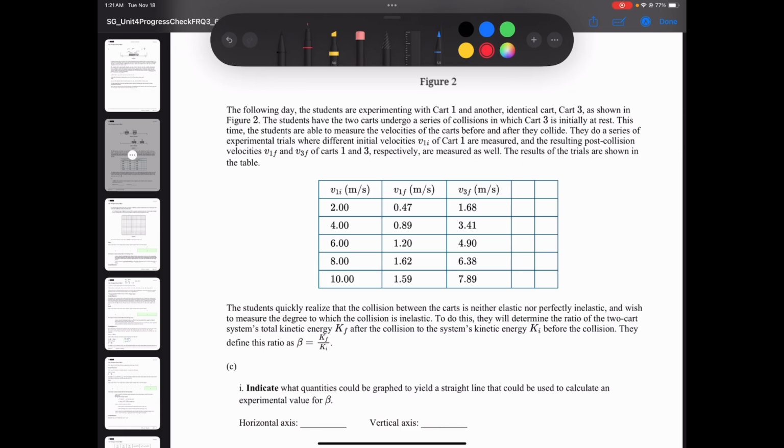So what percentage of the kinetic energy of the system remains, like how much kinetic energy does the system still have? So that's this ratio beta, Kf over Ki, the final kinetic energy over initial kinetic energy. Then it says here what quantities could be graphed to yield a straight line that could be used to calculate an experimental value for beta.